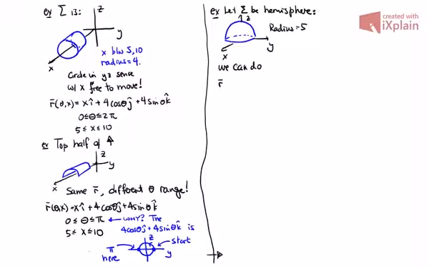Now we don't need a rho, because rho is the distance from the origin, it's the radius if you like, that's a 5, that's fixed. We do need a theta and a phi. So what we know about spherical coordinates tells us that we could do 5 sine phi cosine theta i plus 5 sine phi sine theta j plus 5 cosine phi k.